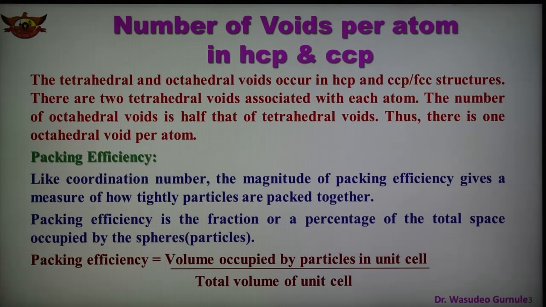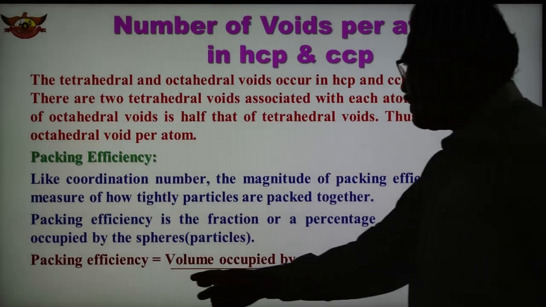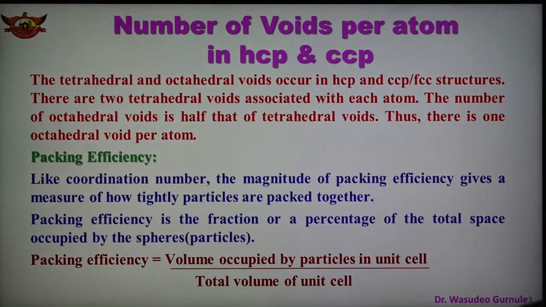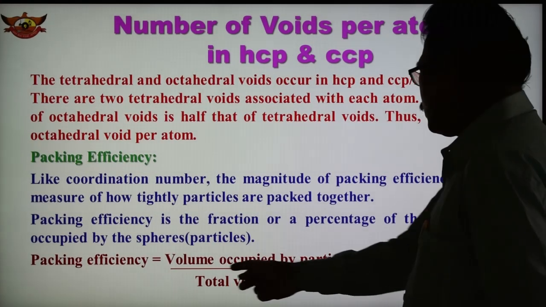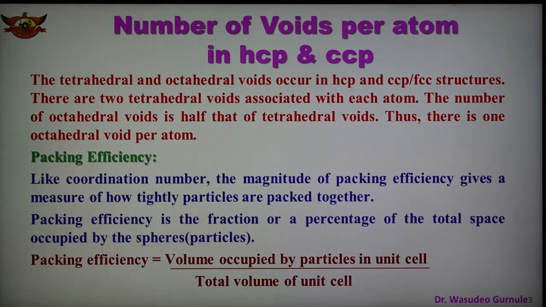Similar to the coordination number, packing efficiency gives an idea about how tightly the particles are held together in the structure. The packing efficiency can be calculated by using this formula: volume occupied by the particles in the unit cell divided by the total volume of the unit cell.